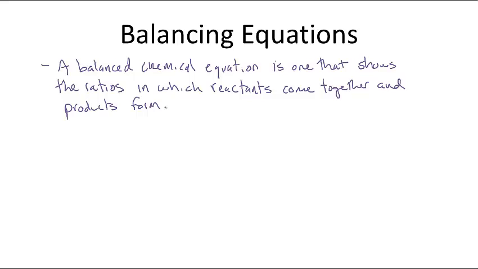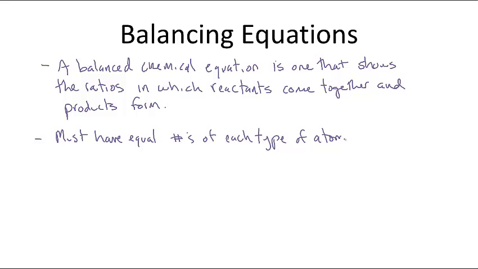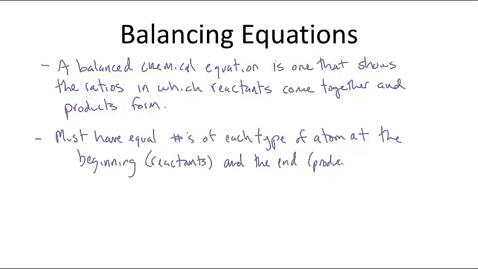So what this means is you must have equal numbers of each type of atom at the beginning. Remember, that's reactants. And the end products.